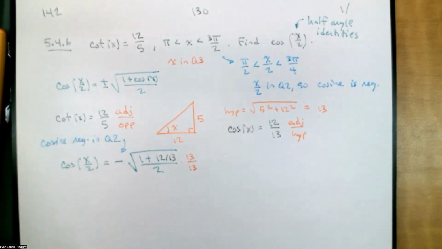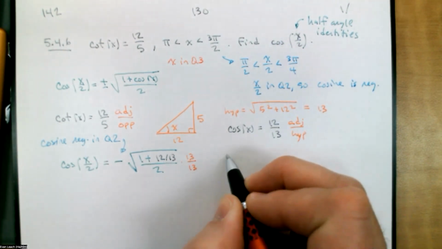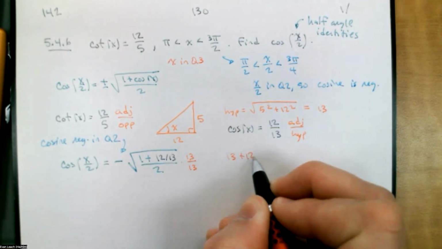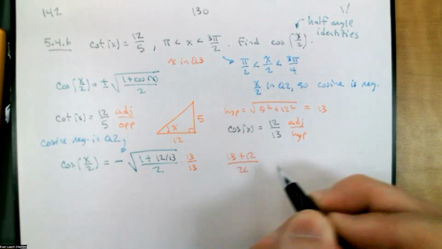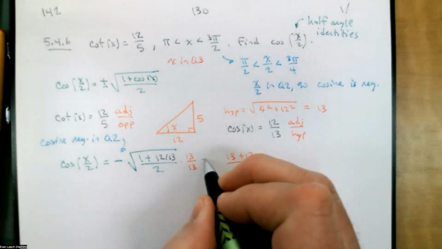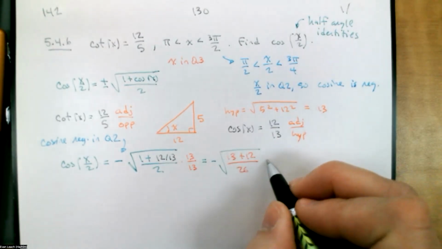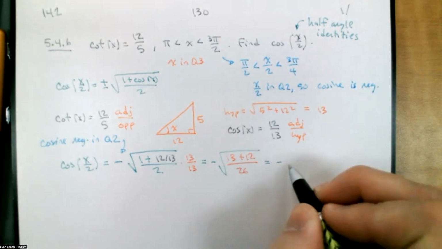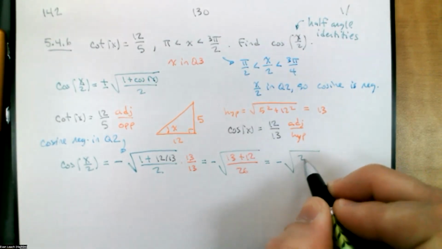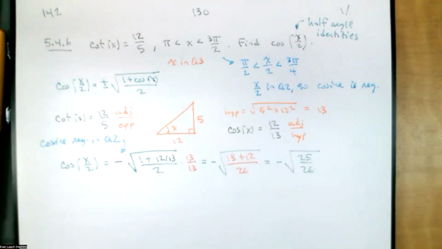That'll give me 13 plus 12 over 26. And there's the 26 that keeps showing up in all of our answers down below. And then 13 plus 12 is 25. So we have negative square root of 25 over 26.